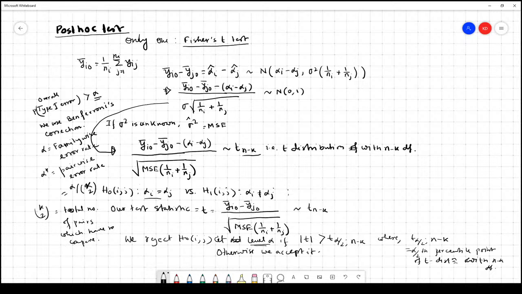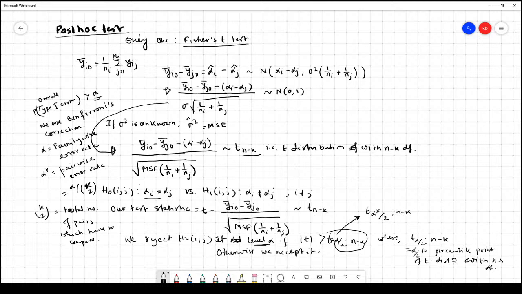which have to be compared, and here i not equal to j. In that case, the critical value should be changed. Instead of alpha, we use alpha star by 2, and other things are the same, that is n minus k.